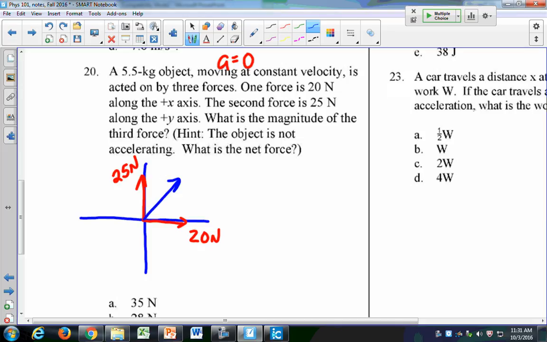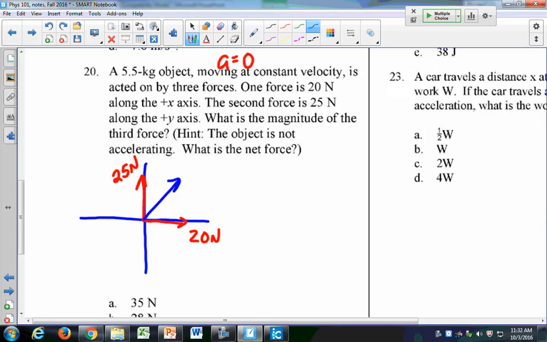So this object is going to move in this direction if those are all the forces that I have, with a certain acceleration that's given by the magnitude of this force. Right, these two vectors, 25 and the 20 newtons, will add up to give me this vector, causing it to move in this direction. So where should my opposing force be to make it not accelerate?